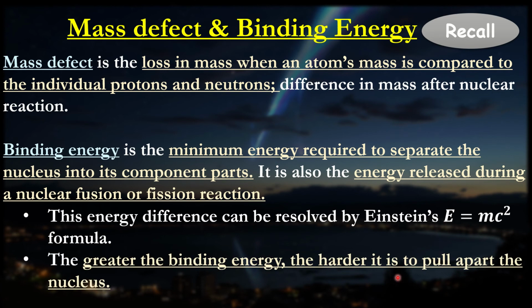You also need to understand the greater the binding energy, so the greater amount of energy you're putting into the bonds, the harder it is to pull the nucleus apart. So the greater the binding energy, the more difficult it is to pull the protons and neutrons away from each other.